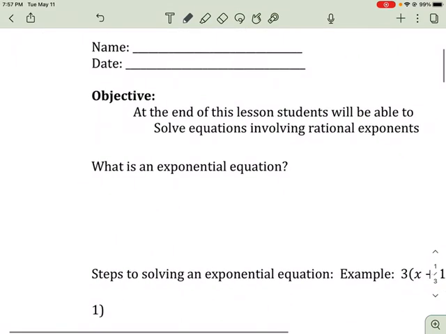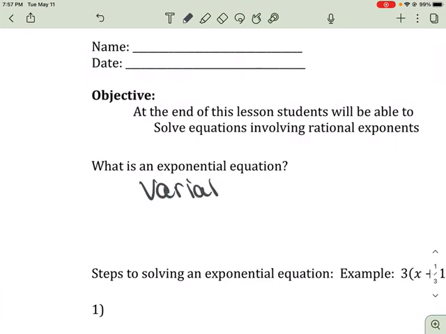Okay, so what exactly is an exponential equation? It's where the variable is being taken to a power.